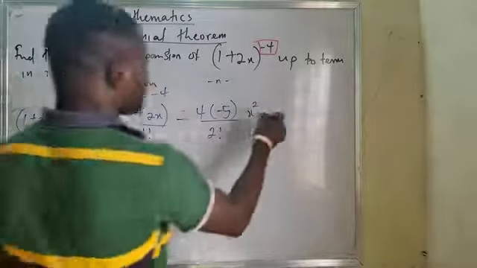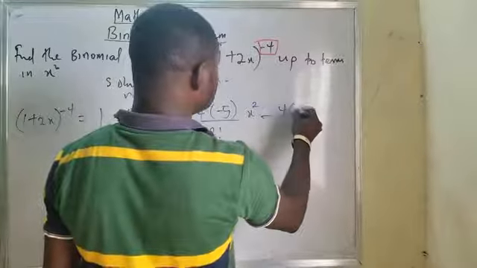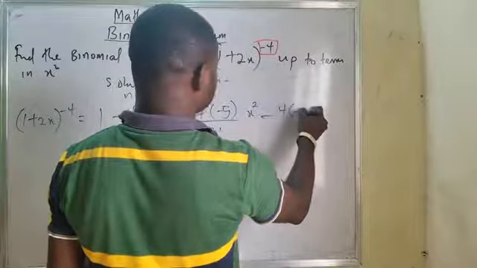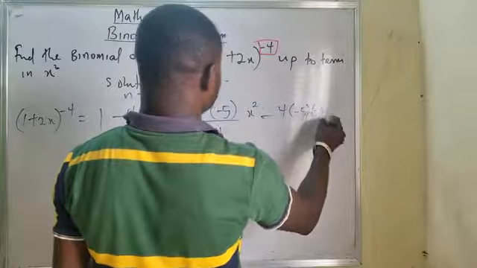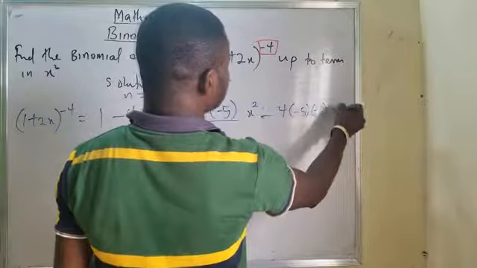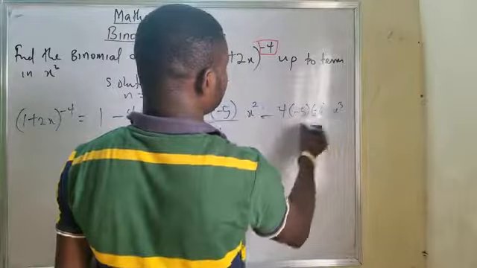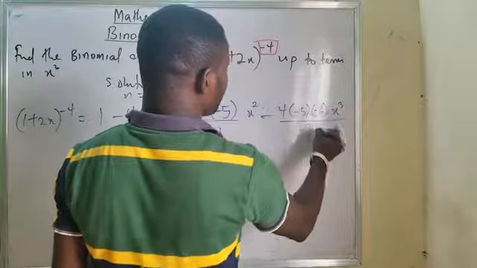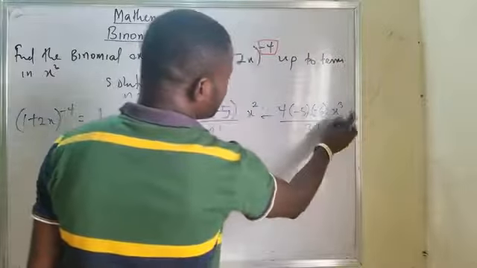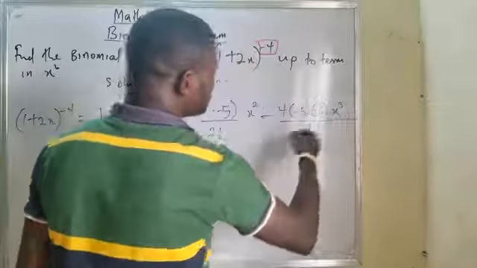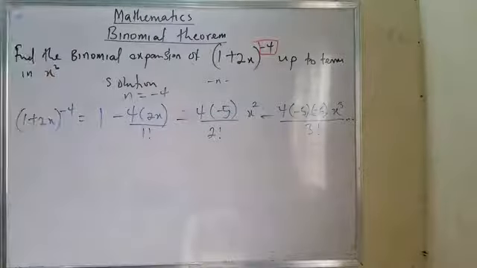It means I'll be having 4, 5 and 6, 2x raised to power 3 divided by 3 factorial. Please, it does not end. It keeps moving till infinity, till n terms.